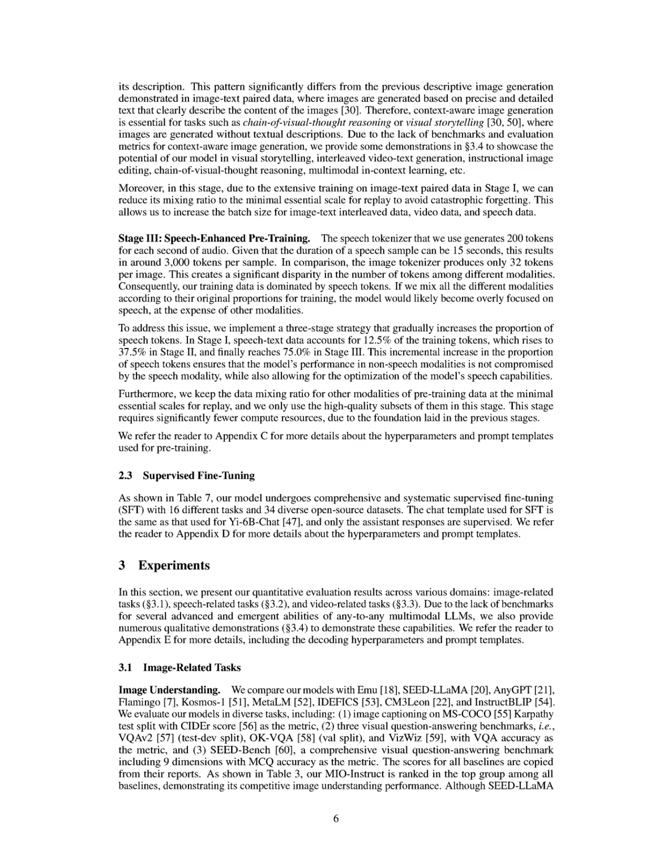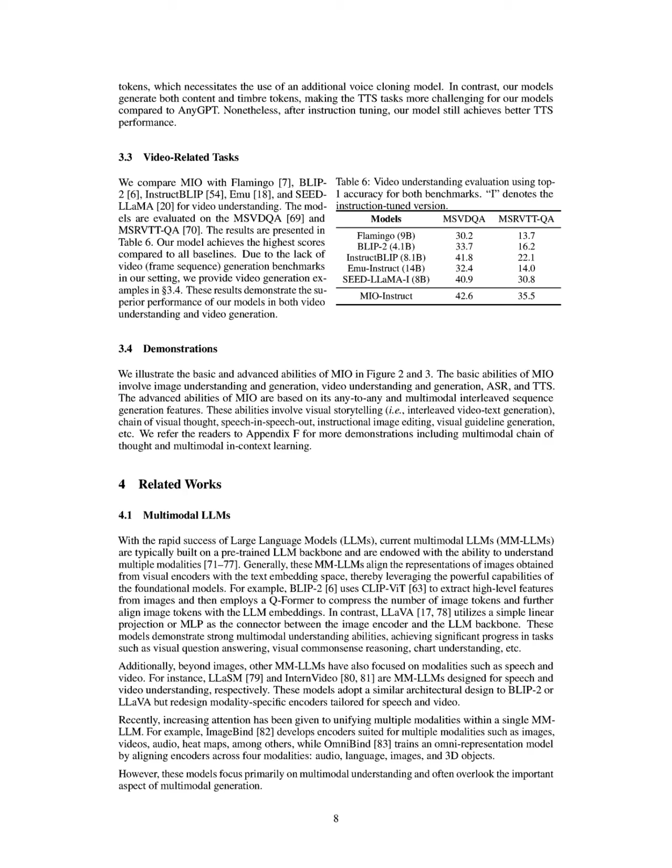MIO demonstrates competitive performance in various tasks, outperforming several larger models, such as Emu-14B and IDEFICS-80B, despite having approximately 7 billion parameters. Specifically, MIO achieves high scores in image understanding tasks, ranking among the top models, and exhibits strong capabilities in speech understanding and generation, surpassing the AnyGPT baseline.